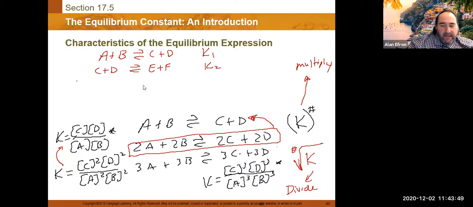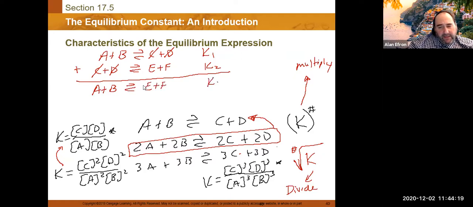If we were to add these two reactions together, everything that is the same on opposite sides of the arrow will cancel. So we have a C on the left and a C on the right, so they will cancel. You kind of think of the arrows as like an equal sign. You have a D on the left and a D on the right, they will cancel. And then everybody that's on the left-hand side stays on the left-hand side, and everybody that's on the right-hand side will stay on the right-hand side.